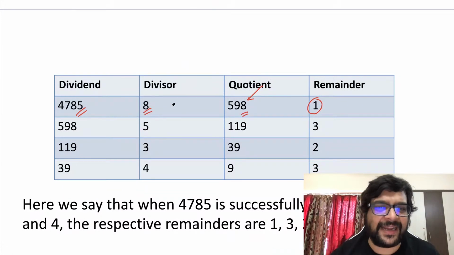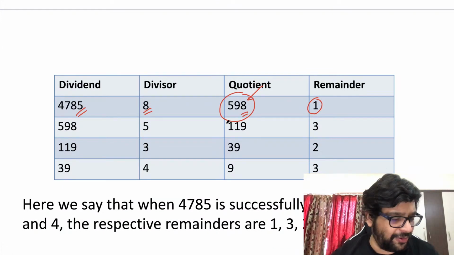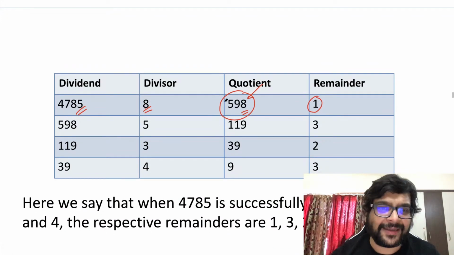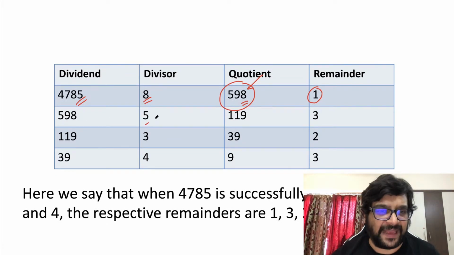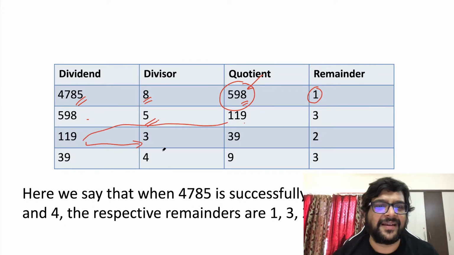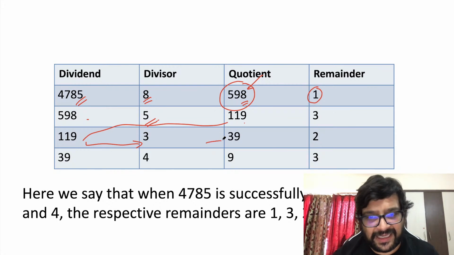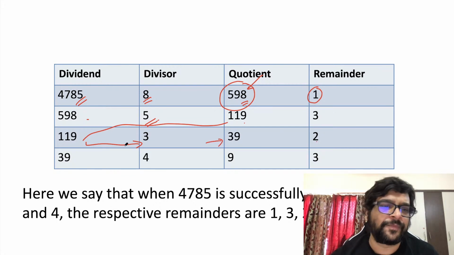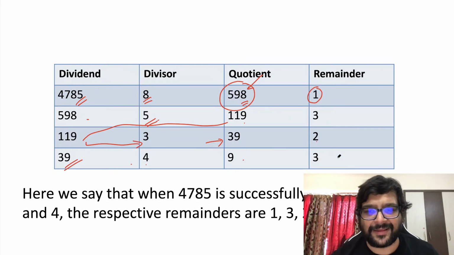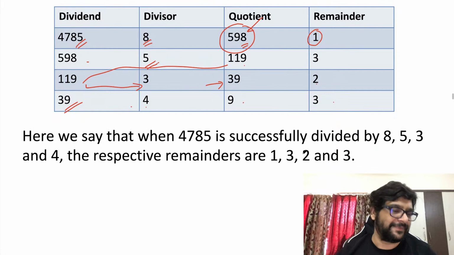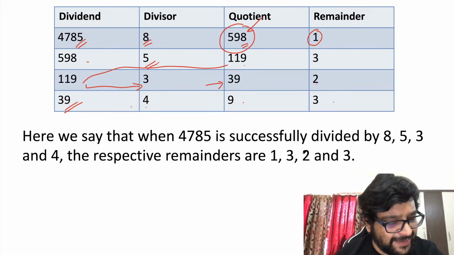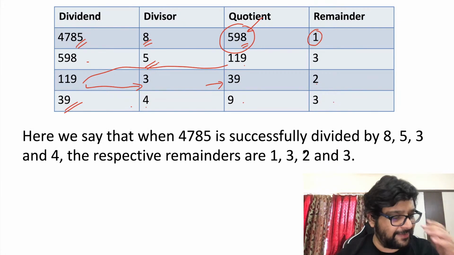So after 8, whatever result you obtained, that is what you divide by 5. 598 by 5 is 119. Then you divide 119 by 3, divisible 39 times, with a remainder of 2, and then you finally divide 39 by 4, and you get 9 as a result and 3 as the remainder. So that is the process which is followed.